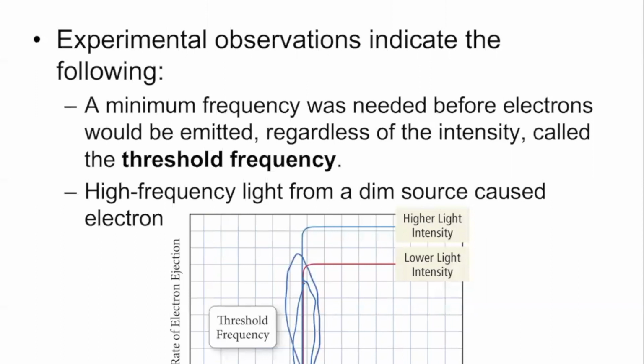This was an odd behavior, because what we realized is that increasing the intensity does not change the threshold, because there's a specific threshold you're going to have. So there's a minimum frequency that was needed for the electrons to be emitted. It has nothing to do with amplitude.